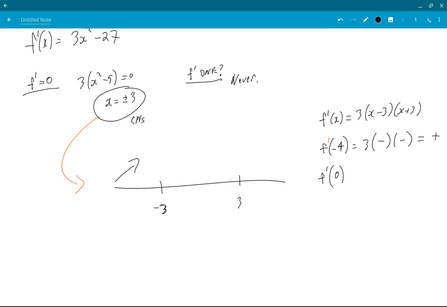Then for the middle interval, I would try 0. Now I get 3 times a negative number times a positive number, giving me a negative number, so I'm decreasing in that middle interval. And finally, f prime of 4 is 3 times positive times positive, so all positives, so I get a plus there. And so my function is increasing here.